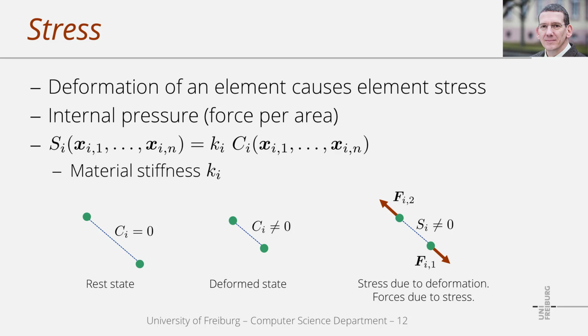These forces cancel the external forces that are applied to the particles to deform the element. If internal and external forces at the particles cancel, then the element remains in the deformed state. Now the magnitudes of the internal forces are related to stress. For a growing stiffness coefficient Ki, the stress Si is growing, and also the internal forces at the particles will be larger.